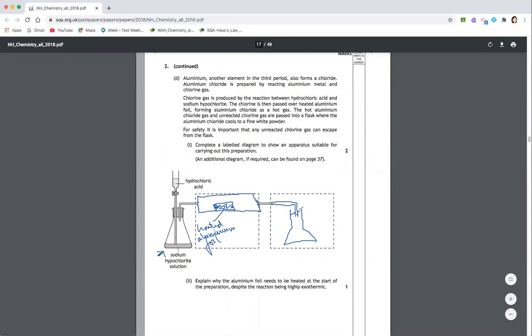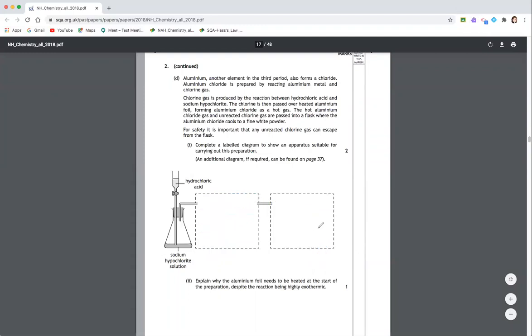And because we're cooling it, we want it to be in an ice bath. And you would want to leave a little tube to let any extra chlorine gas out, just so that you don't end up exploding your flask. It's quite hard to draw on this graph pad.